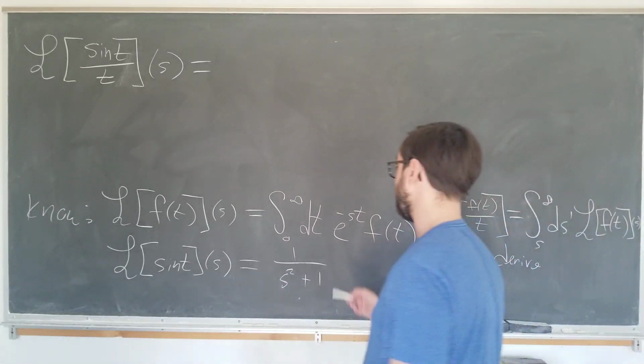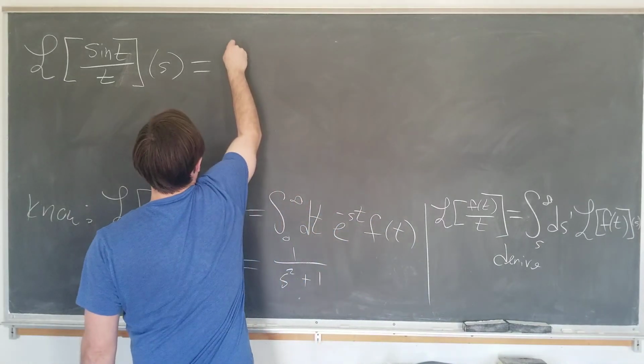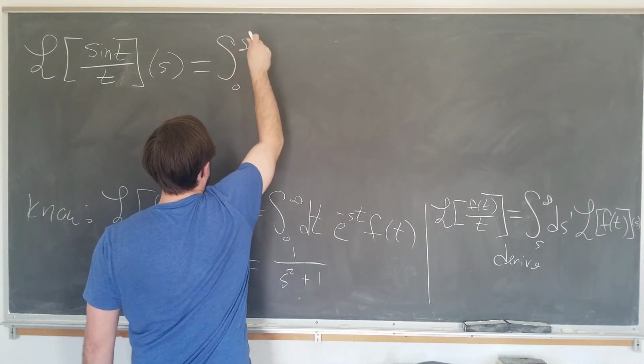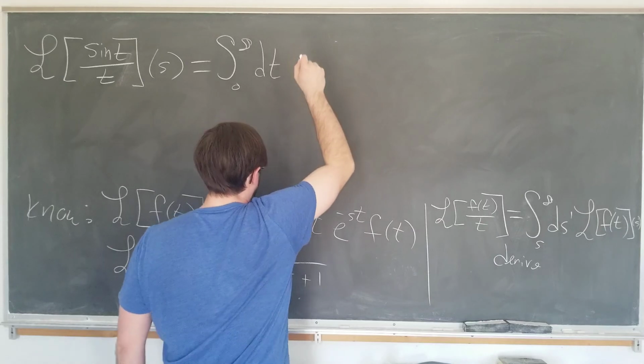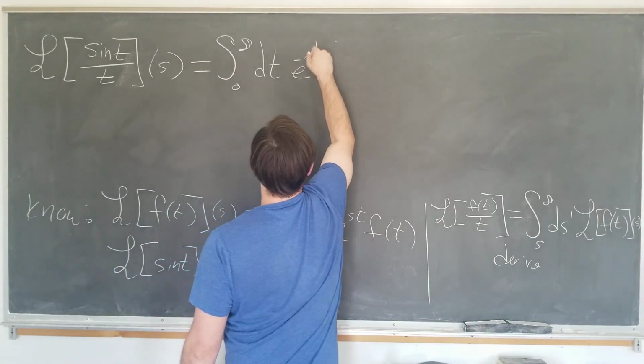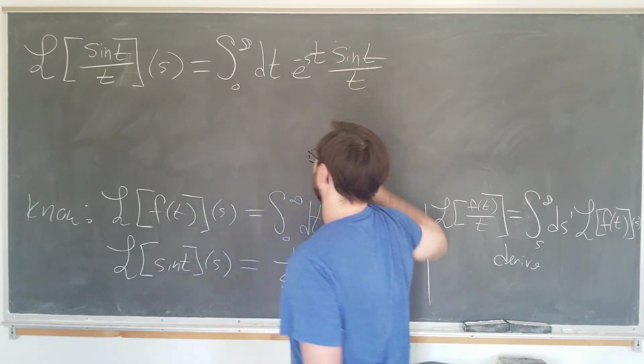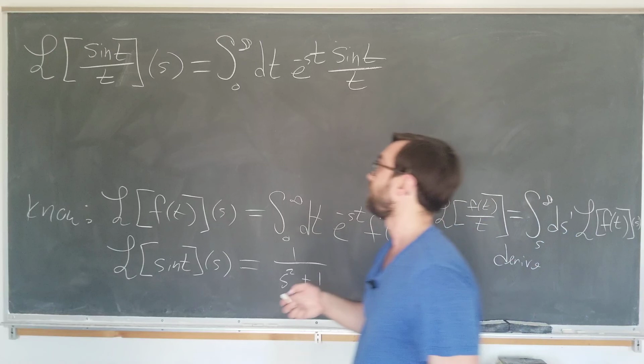But for clarity's sake, let's write out what will be the left-hand side of the expression. By definition, this is just the integral from 0 to infinity with respect to t of e to the minus st times sine t over t. This will be the left-hand side of the expression.